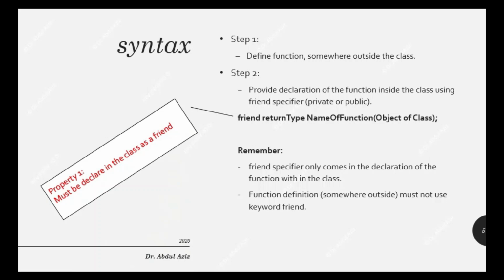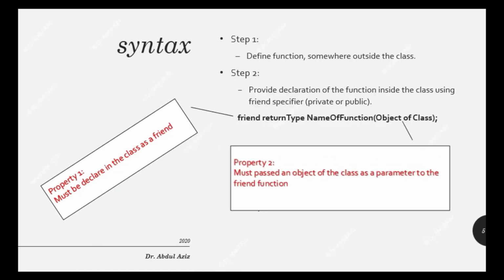Second, we always need to pass the object of the class as a parameter, so that the function can access the memory of that particular object. So there are two rules to follow. First, we need to declare the function within the class as a friend, and rule number 2 is to pass the object as a parameter to that particular friend function.